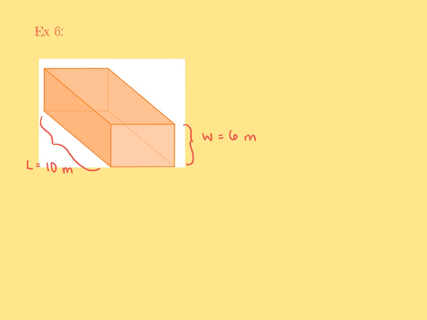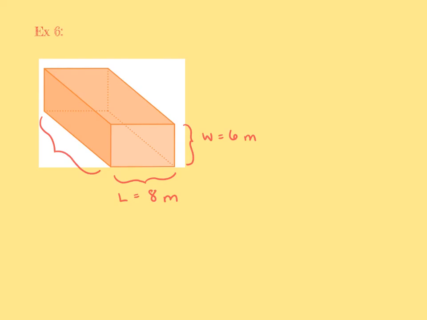Now I probably should have done something a little bit different. Let's go back for a second. I want to help you understand a little bit better, so maybe I should have gone with this for the length, just for the sake of example. It doesn't really matter. Let's say that's 8 meters. Okay, so the length is 8 meters, the width is 6 meters, the depth is this part.